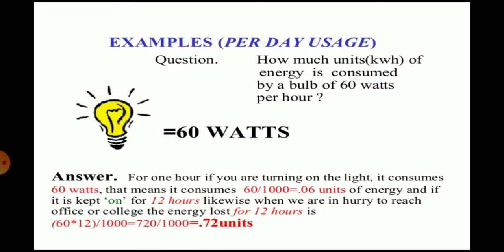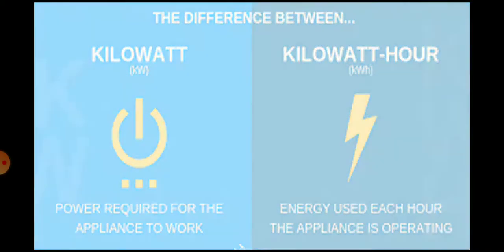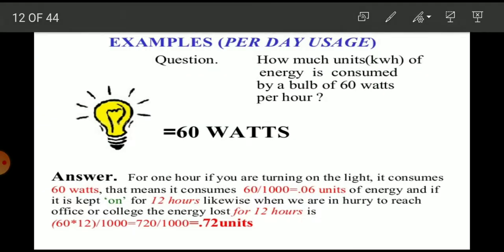Example, per day usage. How many units of energy are consumed by a bulb of 60 watt per hour? So for 1 hour you will calculate the consumption. You have the time, you have the power, so you can calculate it. Here the solution is written. First, watt must be converted into kilowatt.